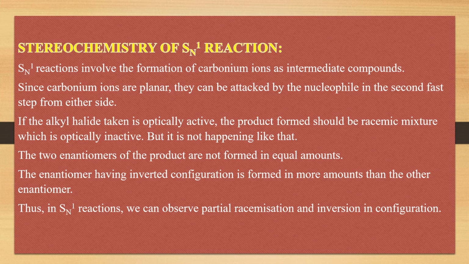What is happening? The two enantiomers of the product are not formed in equal amounts. They are forming in unequal amounts. One enantiomer having inverted configuration is formed in more proportions than the other enantiomer.